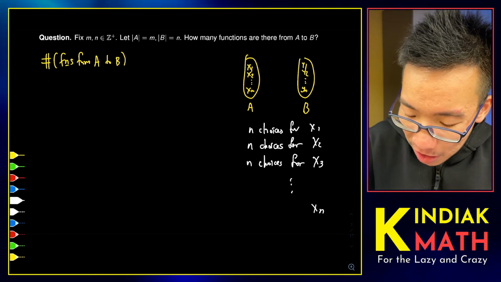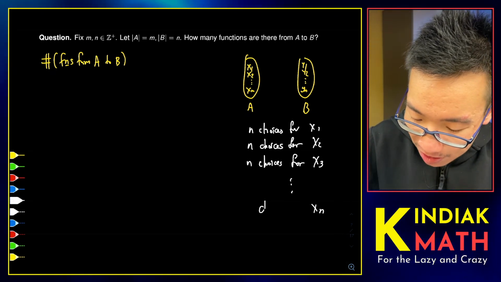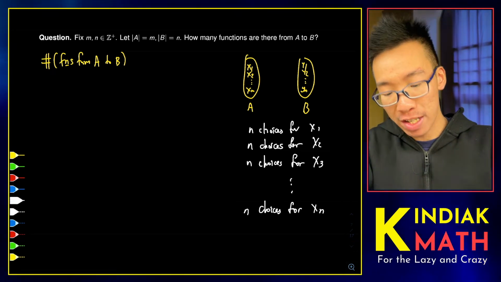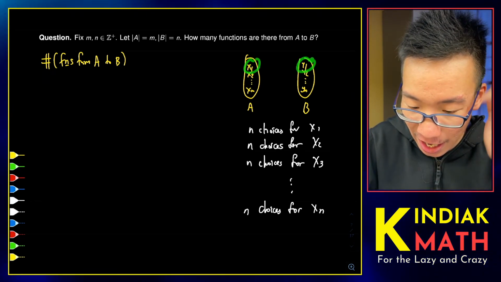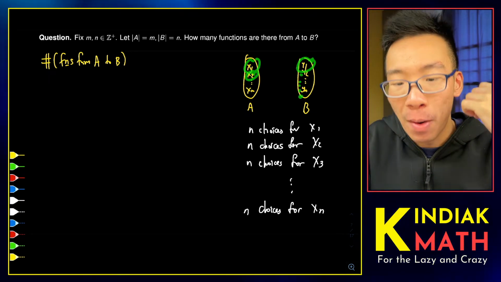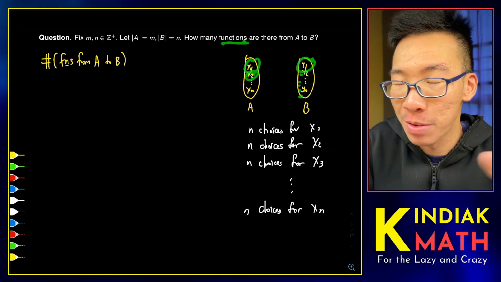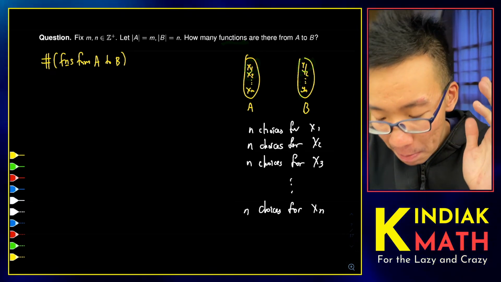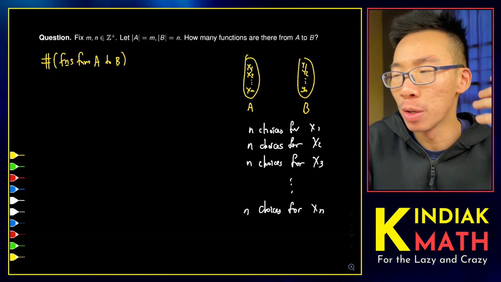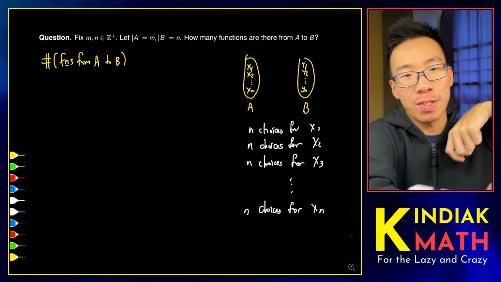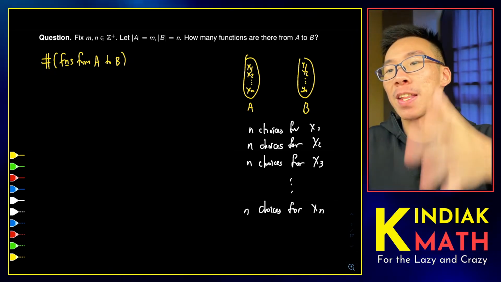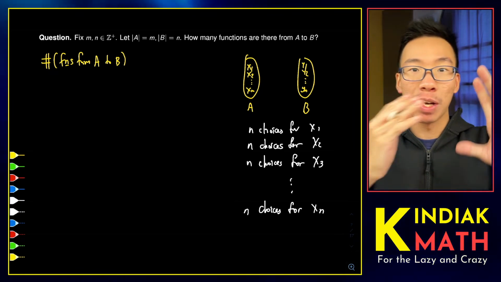Now, some of you might be wondering, wait a minute, I thought after we chose the first one, there would only be a total of n minus 1 for x2, because if x1 chooses this one, then x2 can only choose among the others. That is if we impose that the function is injective, and we're actually going to look at that in just a moment. But as far as functions themselves are concerned, we don't insist that the outputs have only one input. We do insist that the inputs have exactly one output.